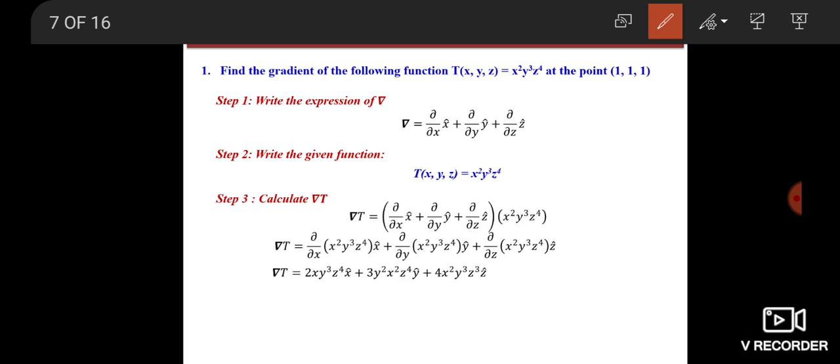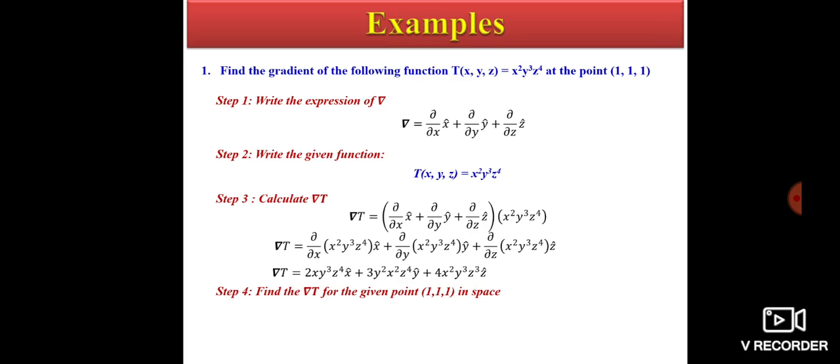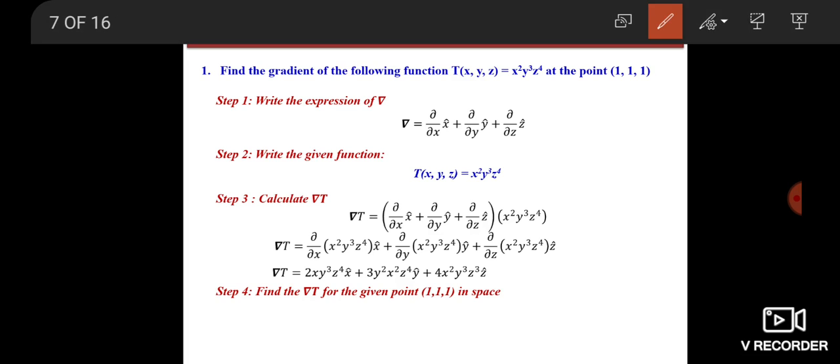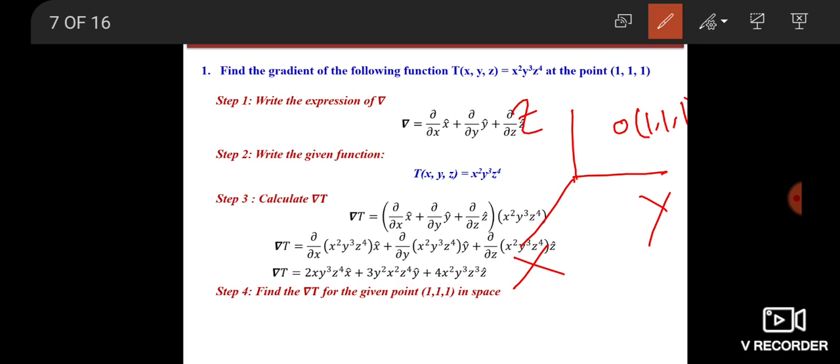Now the last and the fourth step. Here in this question it is asked to find the gradient at the point (1, 1, 1). That means if we draw the Cartesian coordinates, let's say this is the x-axis, y-axis and z-axis, and if this point is (1, 1, 1), we have to find the gradient of this function at that point.